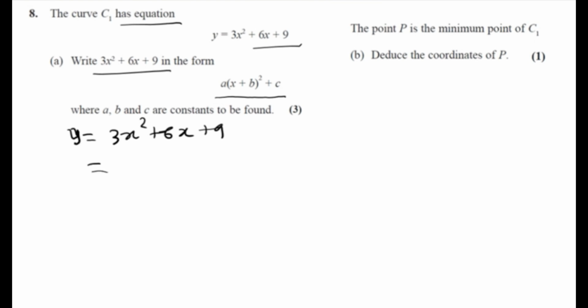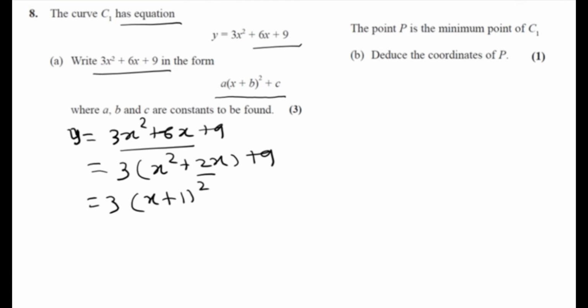First I will take 3 common, so we have x squared plus 2x plus 3. This is my b, divide by 2. So (x plus 1) whole squared minus 1 squared. Put this into the bracket, plus 3.